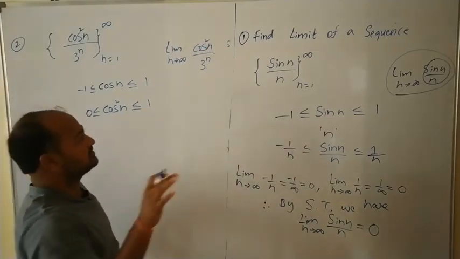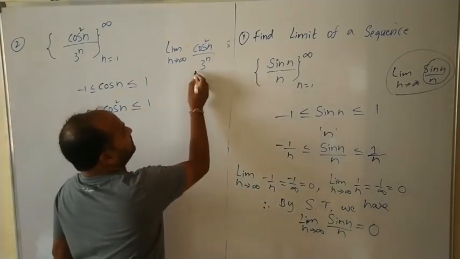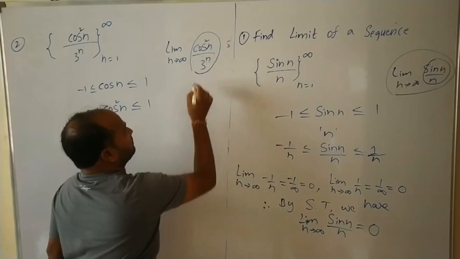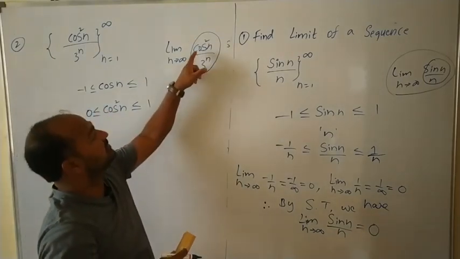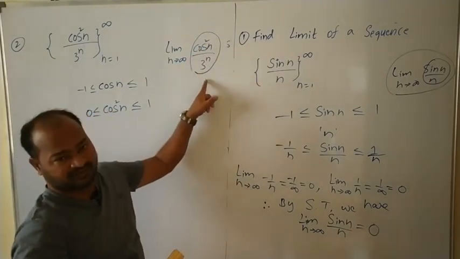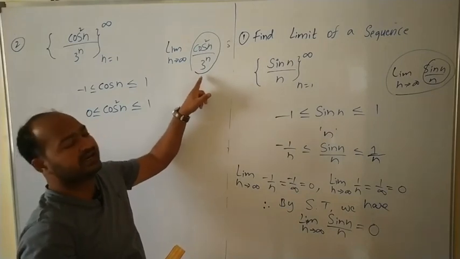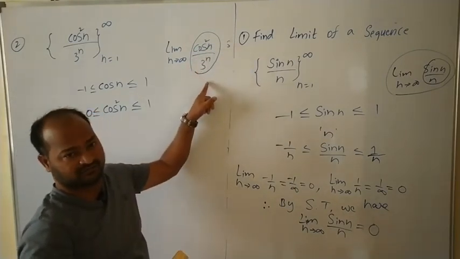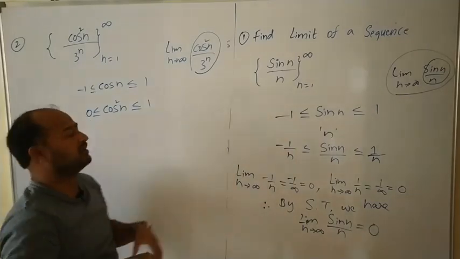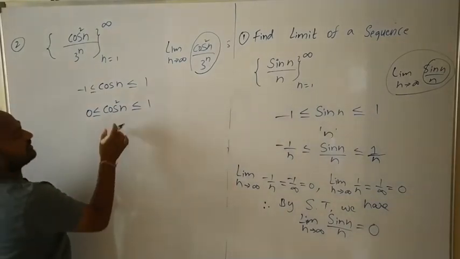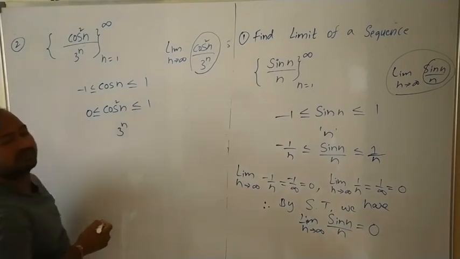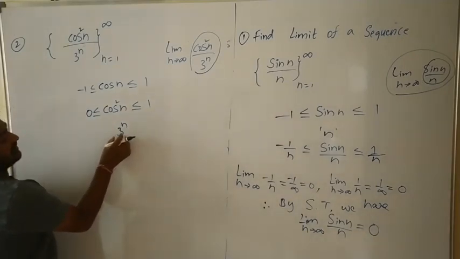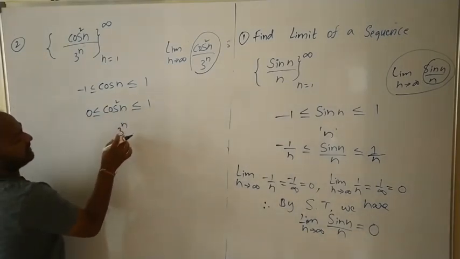What is the term? We want the term cos²(n)/3ⁿ. So that's why I am dividing the inequality throughout by 3ⁿ.